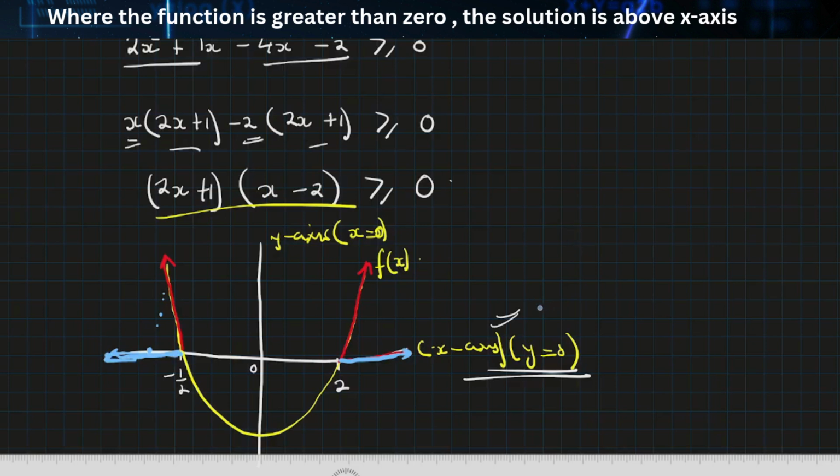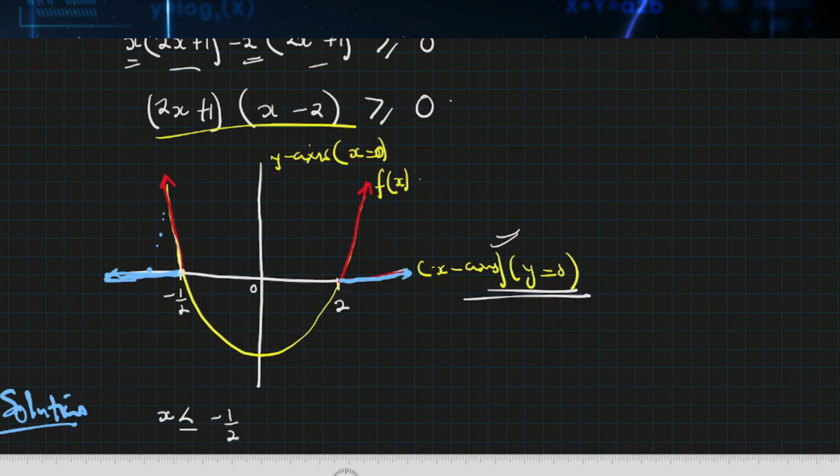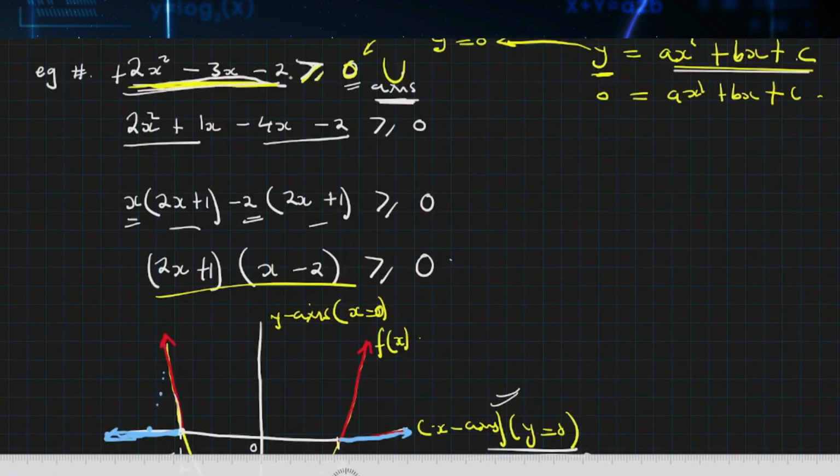So on the solution of this quadratic, we are going to say the x value is less than or equal to negative a half, because from here that's where it's above. Why do I say or equal to? Because in the question it's included.